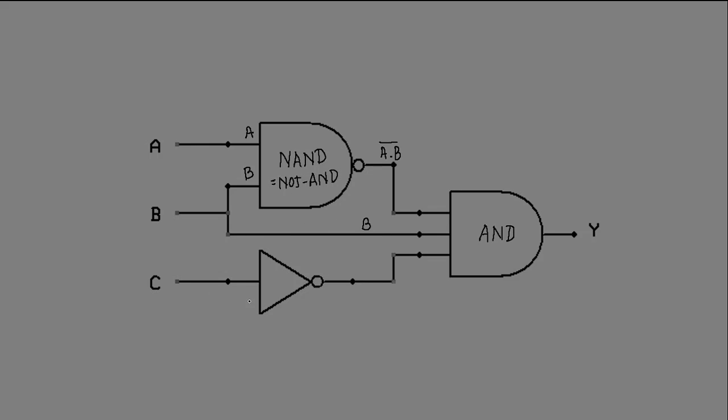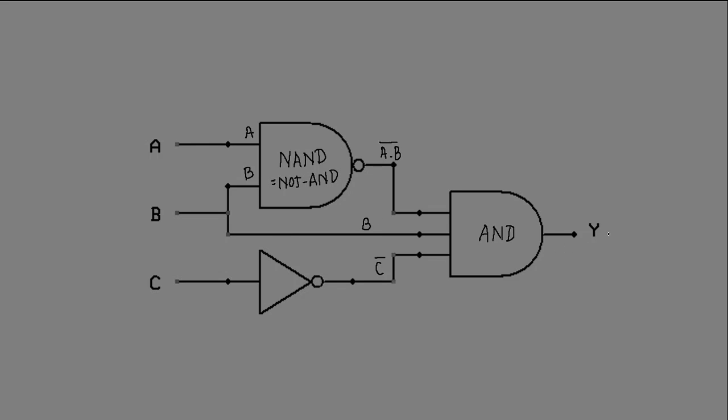And then C is coming towards this AND gate through this NOT gate. So C will be complemented at the input side of the AND gate. So now the AND gate, which has three inputs, is going to receive three inputs like this: first one, second one, and third one.